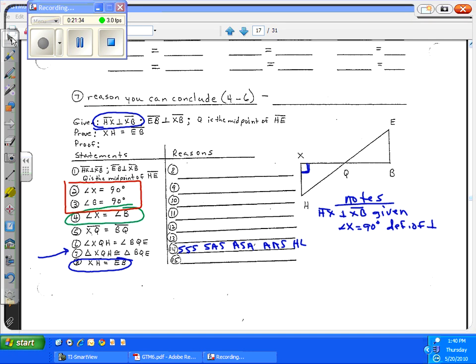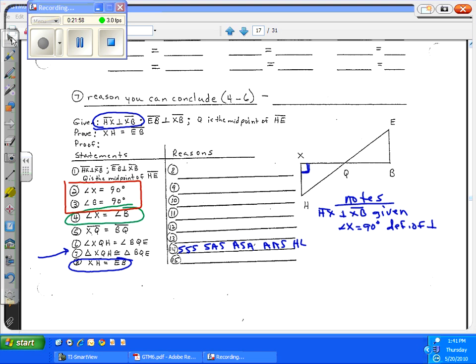And you've got to think of everything that we've learned all year, including all of the properties of equality. Okay? So don't forget all of those properties of equality as you start trying to give reasons in a proof.